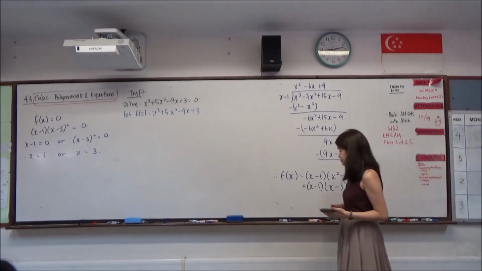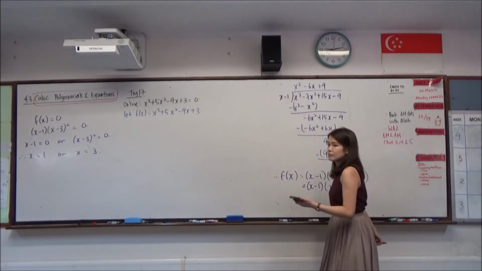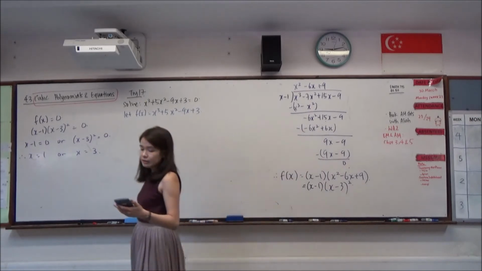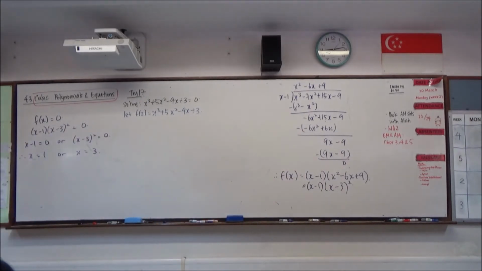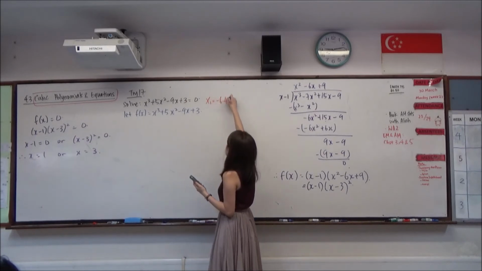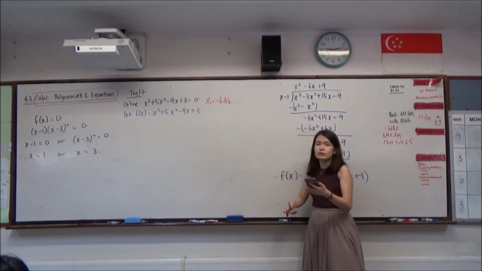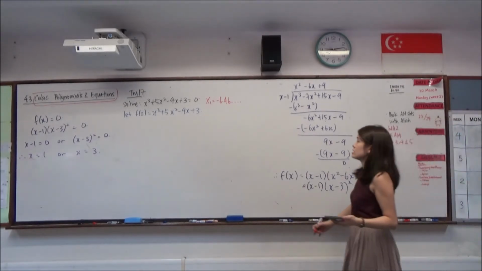What do you see? Kenny, what do you see from your calculator? Okay, we have a negative 6.46, in fact it's a very long decimal. What else do you have? Kenny, continue. x equals to 1 also.